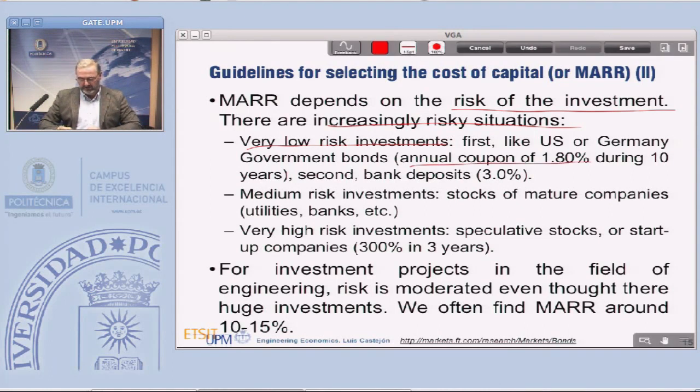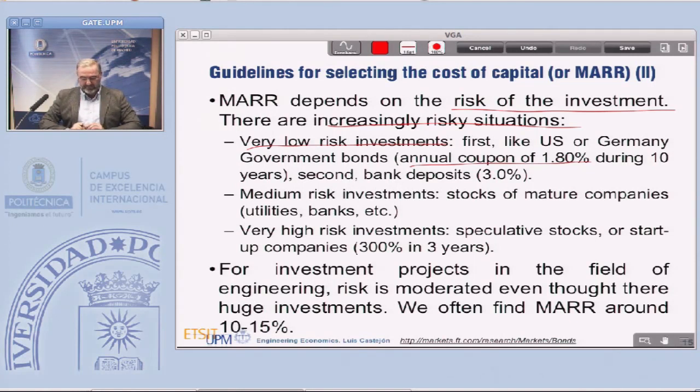Or, for example, in the case of US government bonds or Germany government bonds, an annual interest rate of 1.80. So this is not very much. It's quite a low interest rate, but the most important thing for an investor is that certainly the risk of losing his money is quite low.